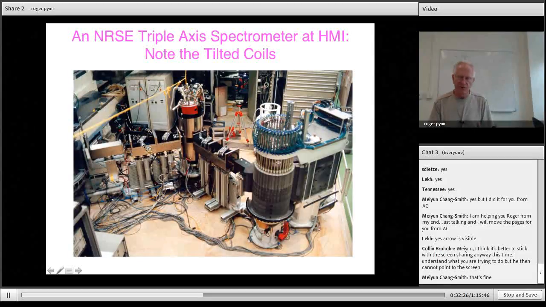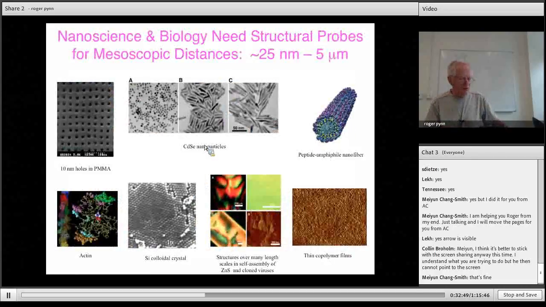That means that effectively the field boundaries are parallel to each other, but that they've been set up at some angle to the incident beam, and that these have been set up at an angle to the exit beam, and they've been set up in such a way that the Fourier transform is going to be done perpendicular to the phonon dispersion curve. Okay, so that's phonon focusing and the use of tilted fields for that.